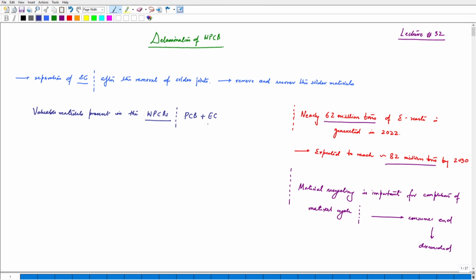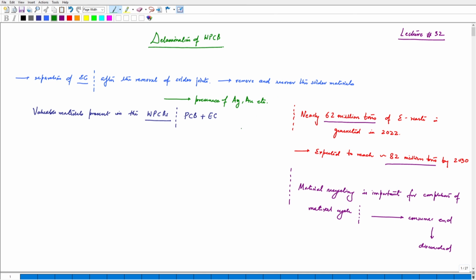Of course, even without the ECs, PCB is still valuable. And we know that gold and silver have been described. Presence of silver, gold, etc. in varying concentrations, of course.